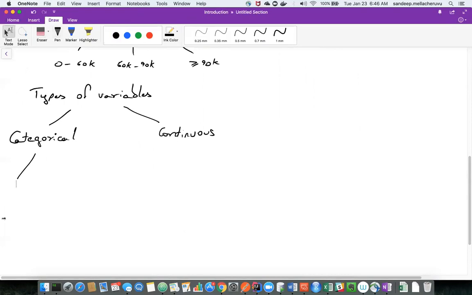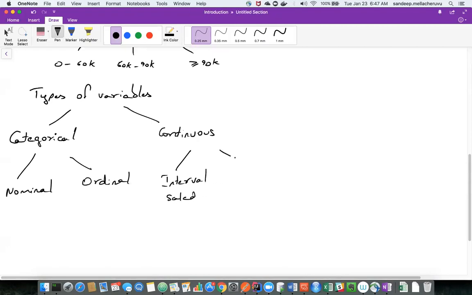On categorical, I can say nominal and ordinal, and on continuous, interval scaled and finally ratio scale. I'll define what everything is; I just wanted this tree structure.